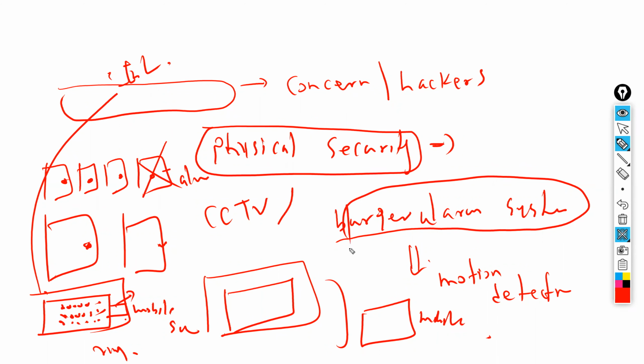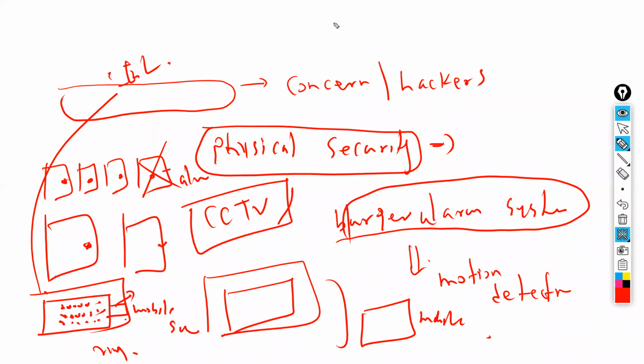Burglar alarm systems are now very famous because these days there are a lot of physical security threats. Apart from CCTV implementations, most people now go with burglar alarm systems to protect their houses from thieves.